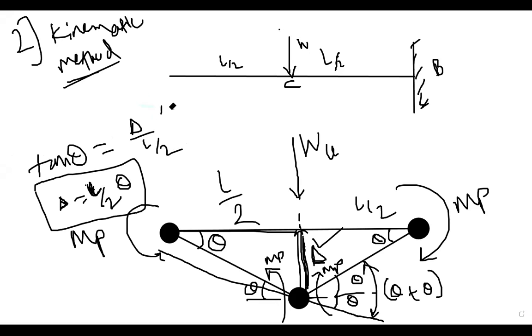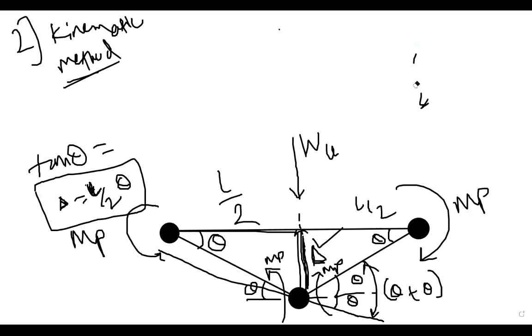Now, while you are applying the kinematic method, use the principle of virtual work, which is nothing but external work is equal to internal work. What is the principle of virtual work? External work is equal to internal work.